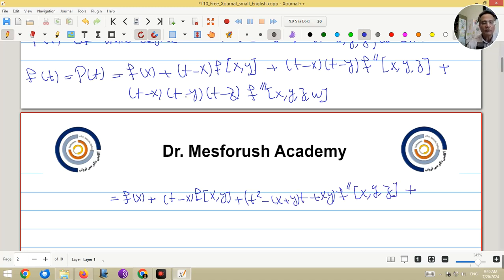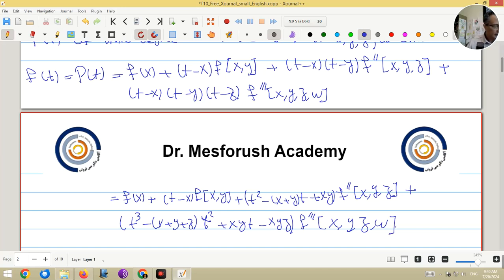And finally, for this one, we multiply these three parentheses to get t cubed minus x plus y plus z times t squared plus xyt minus xyz, times f triple prime x, y, z, and w.